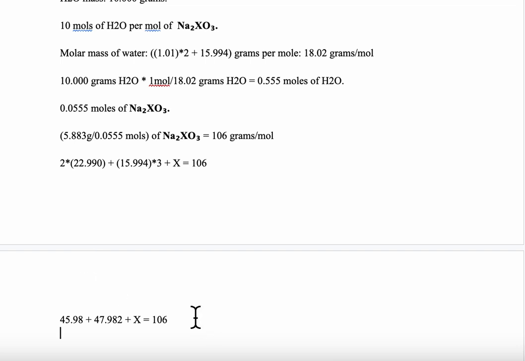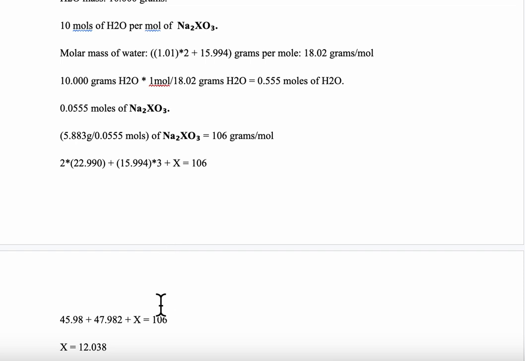When you solve for X, you would get 12.038, and X is of course the atomic mass of the unknown element.